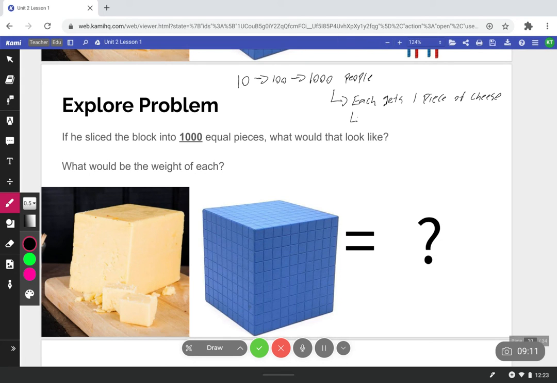So how many pieces is that going to be? That's 1,000 times 1 equals 1,000 pieces of cheese. So we are dividing this entire 1 pound block of cheese into 1,000 pieces.